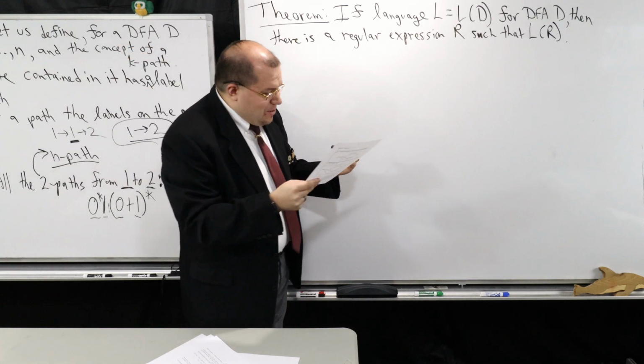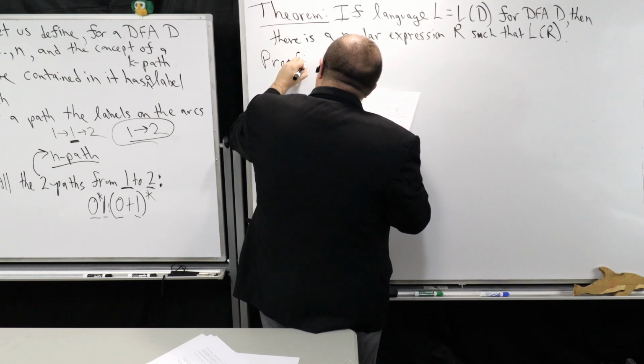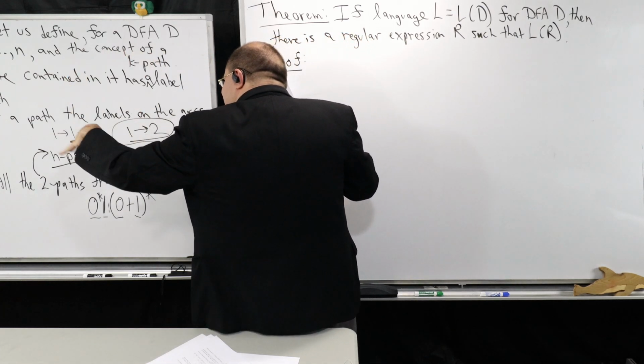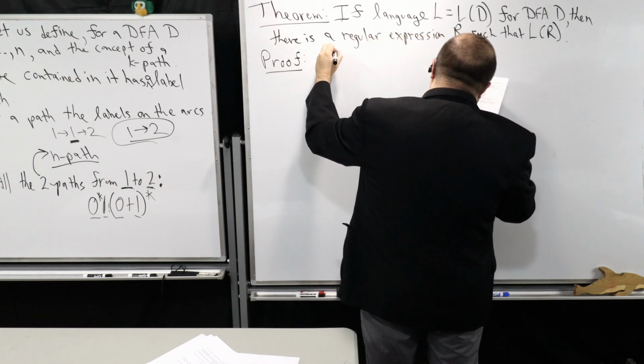Okay, so let's do the proof here. I'm going to give you the setup. I'm going to combine all the ideas I just described and write it a little bit more formally.